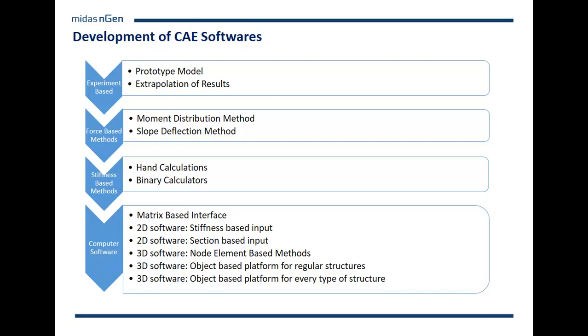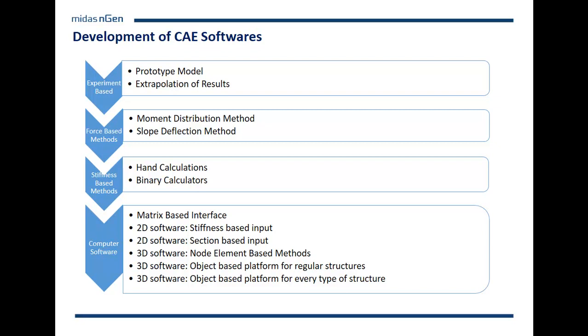If we wanted to model some structure, we used to create prototype models, and based on the results of the prototype models, we used to extrapolate the results and understand the behavior of the actual structure. But then after this, the force-based methods were developed. Various methods such as the moment distribution method and slope deflection method enabled the engineers to do some hand calculations and understand the behavior of the structure.